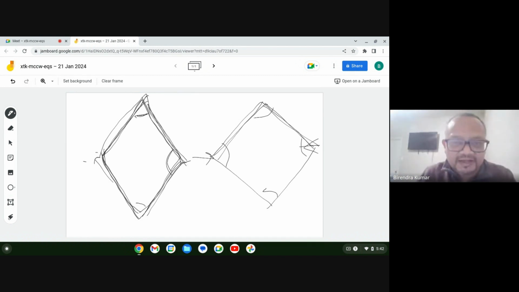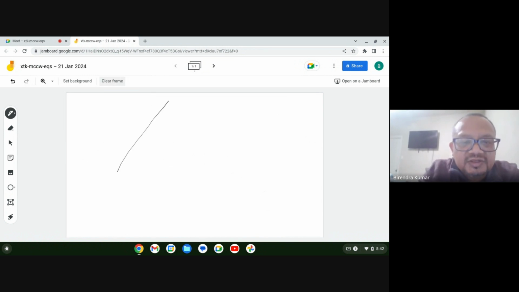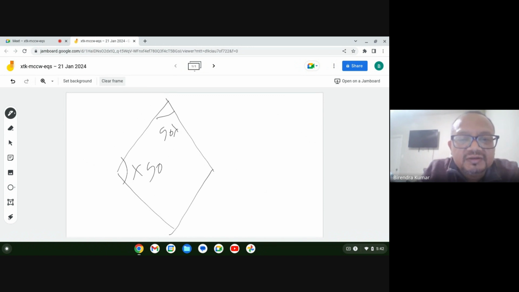Now this is my rhombus. What I know as a property is these angles are not 90 degrees, but all the sides are of the same length.